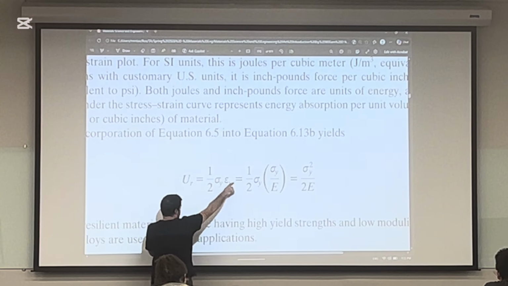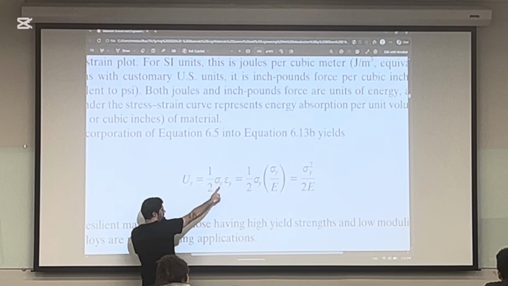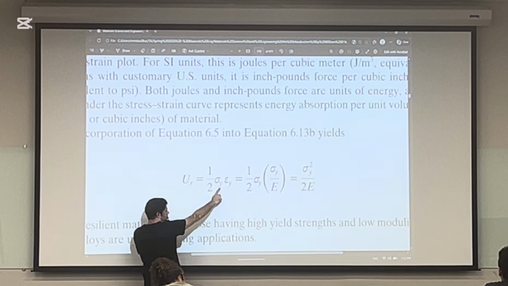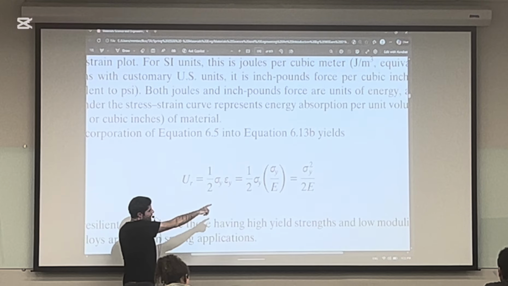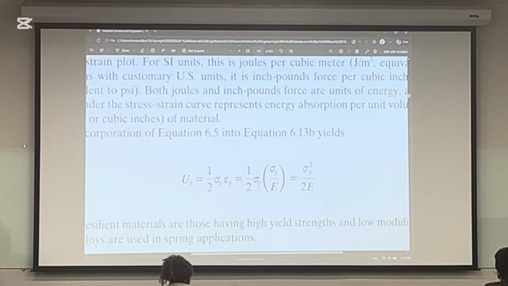If you replace the strain with the linear relationship it has with the stress, you get something like this, and so resilience is going to be that.